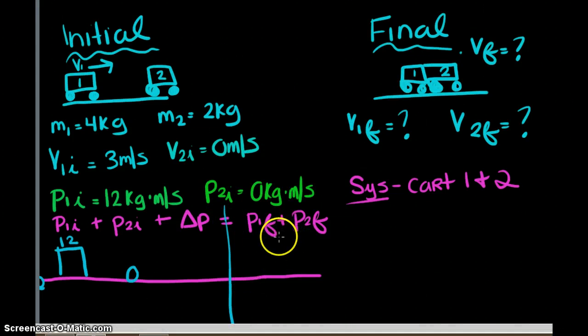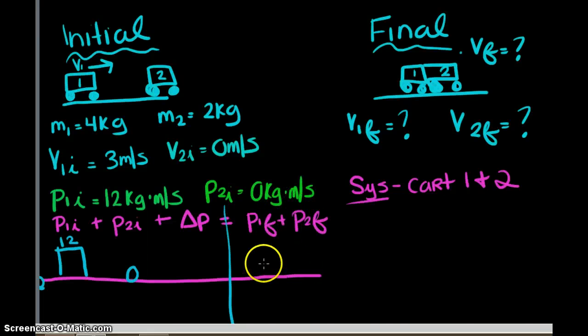On the other side of this equation, I would have some momentum final and some momentum final for this guy. Now here's what's interesting. Do you already know if these momentums are positive or negative? Well, you might not be able to reason to that yet, so that's okay. If they're going in the same direction, though, and the original momentum is 12, then each of these probably has a positive momentum.